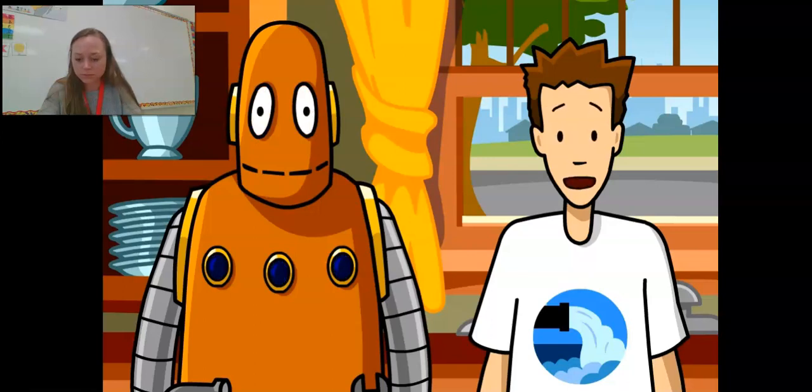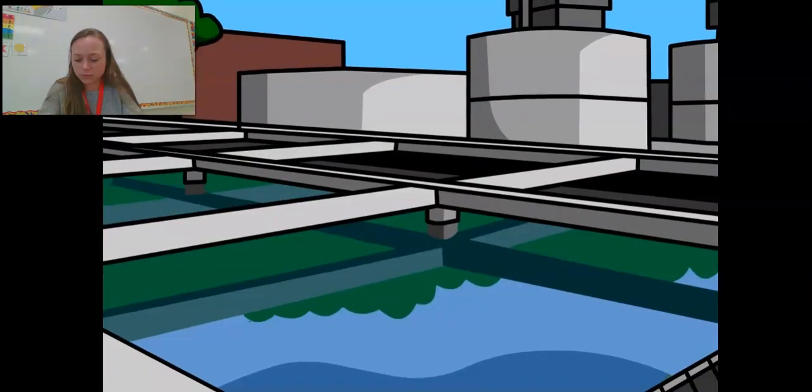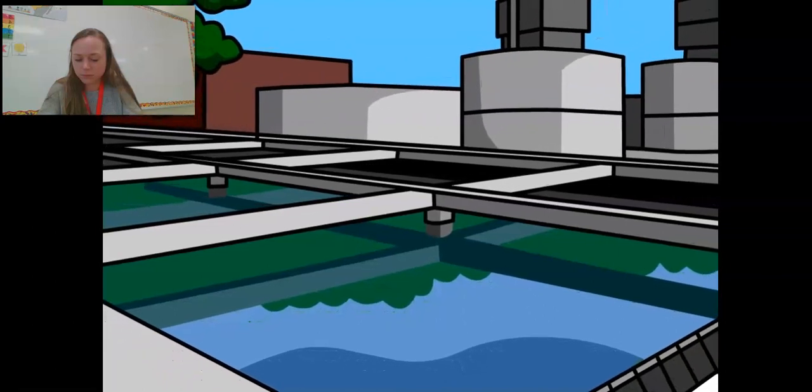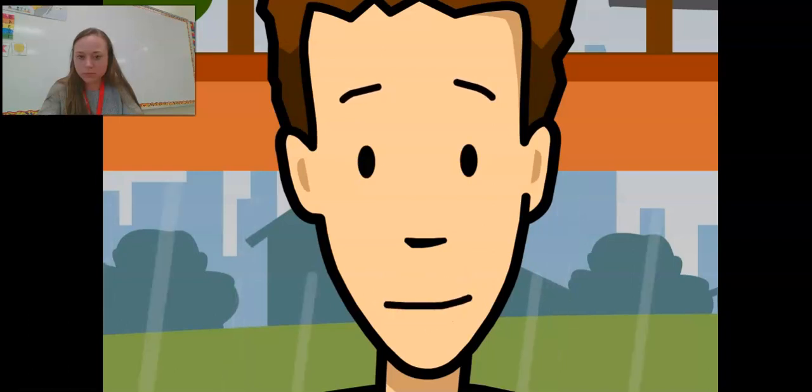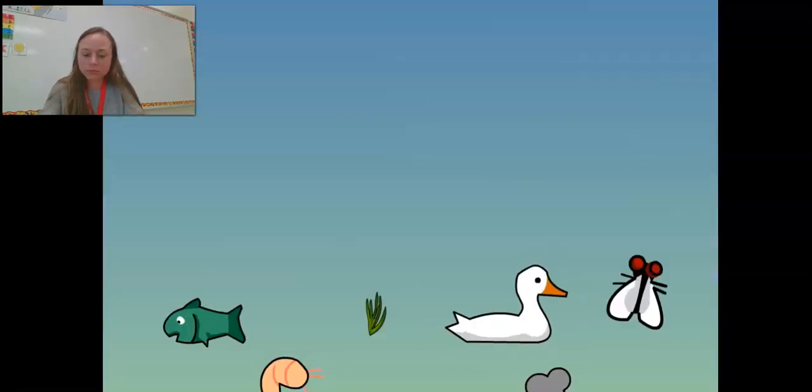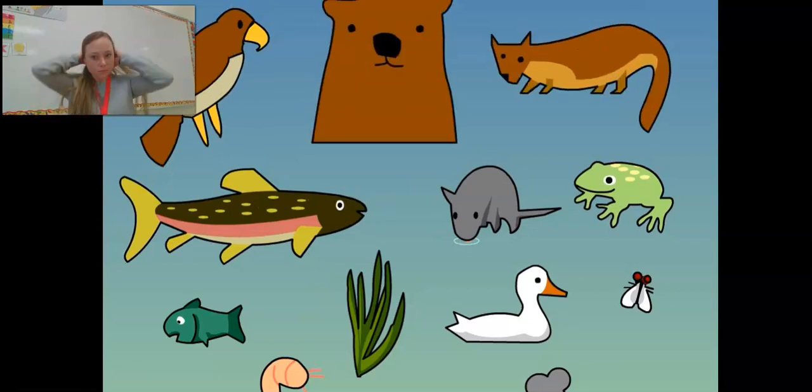Luckily, we have ways of cleaning up a lot of that water. Plants that treat wastewater can purify it before it's released back into rivers and lakes. And researchers are always working on new ways to cut down on water pollution. But the best way to help is to be careful with your water. After all, we're not the only ones who depend on clean water. All living things need clean water to survive.